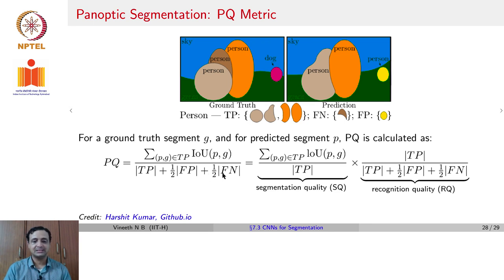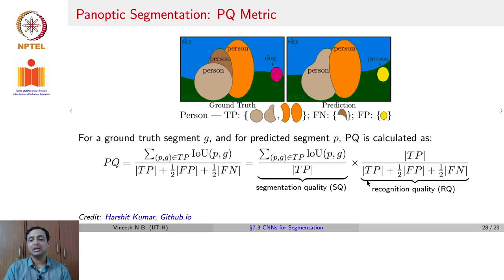If you analyze this, the numerator stays the same. Let's multiply and divide by number of true positives. Then you would get the first term to be this way and the second term to be number of true positives divided by number of true positives plus half false positives plus half false negatives. The first term here gives the segmentation quality: among the true positives, what was the IOU for all of your segments?